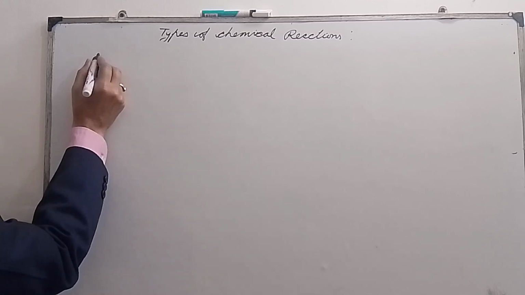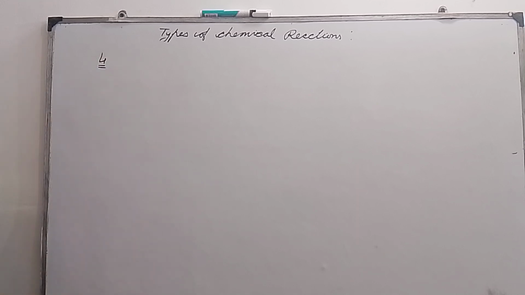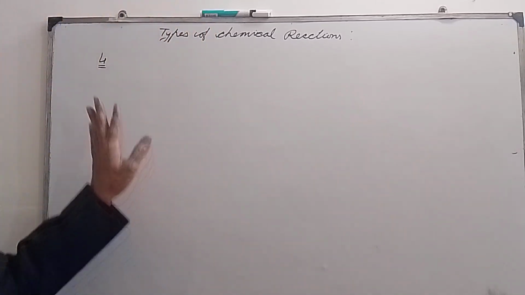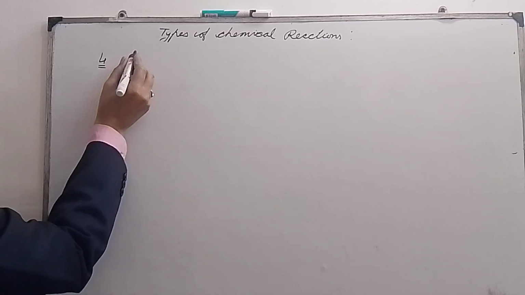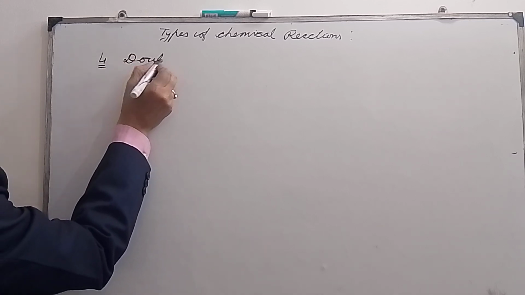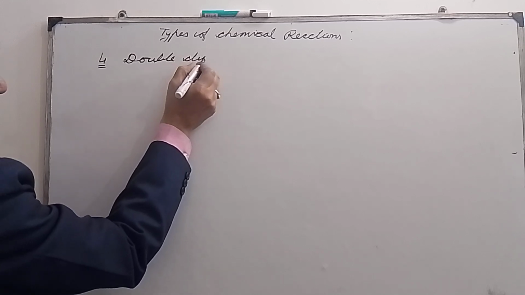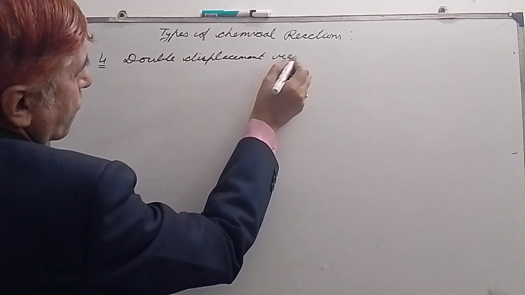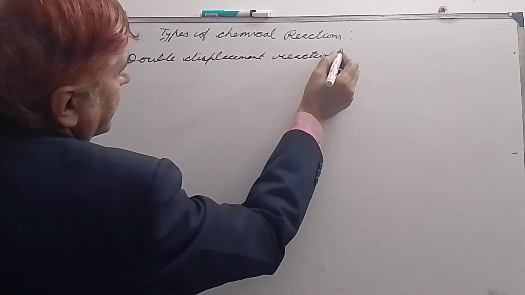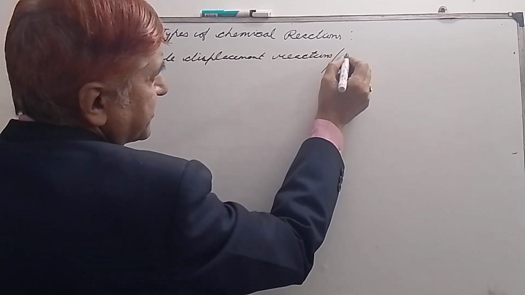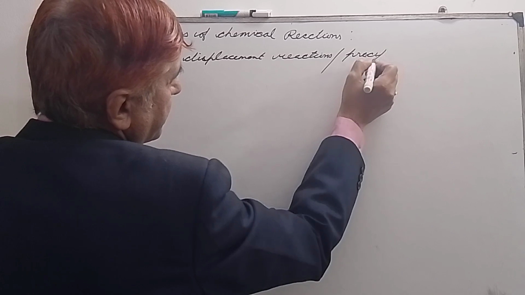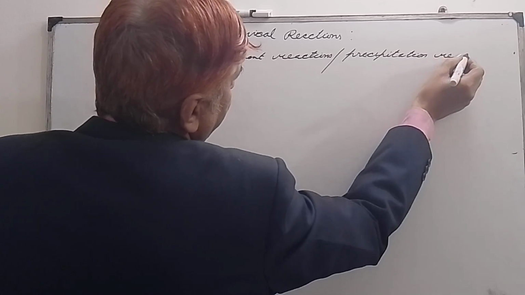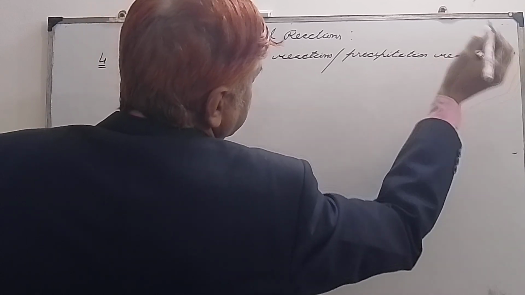Number 1 was combination reactions, number 2 was decomposition reactions, number 3 was displacement reactions, and number 4 is double displacement reactions, also called precipitation reactions.